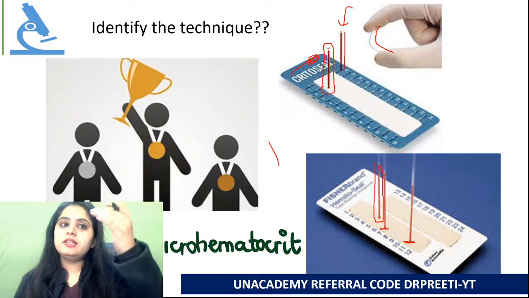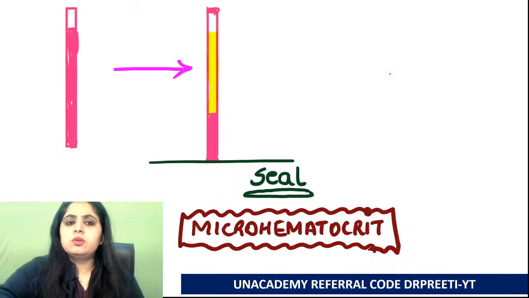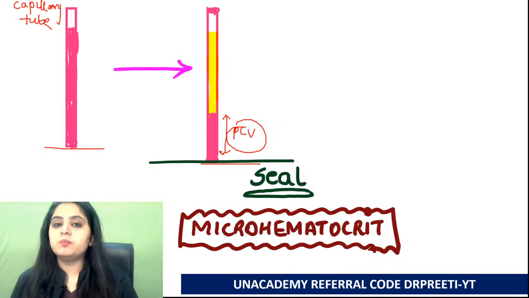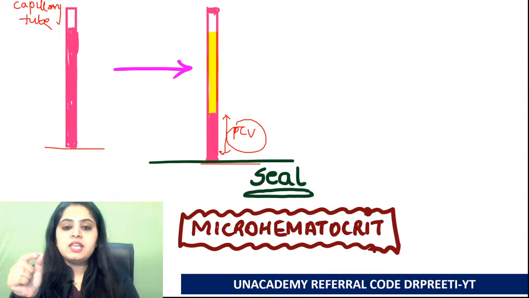And then you can easily see how much the cells have fallen. Same thing at the end. This was a very thin capillary tube, and by putting it on that seal, I'm seeing the same thing. How much have the cells settled? That is packed cell volume. But I'm doing this in a very small quantity of blood, in a very small capillary tube.